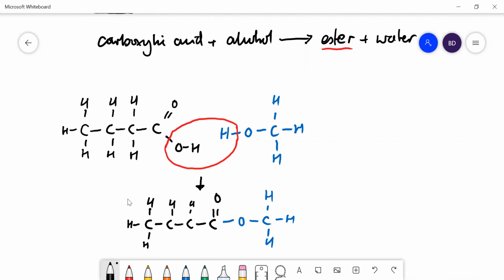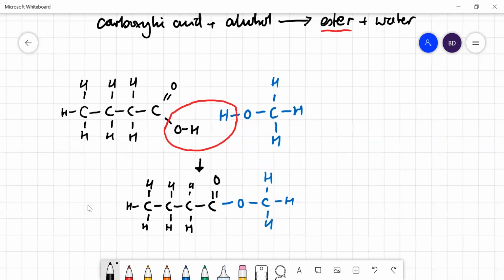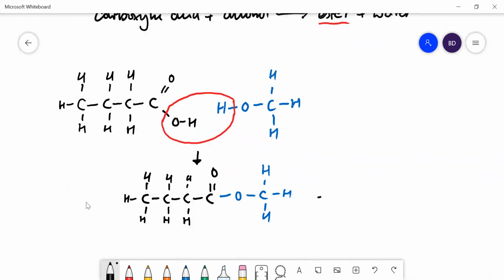Now, I'm going to draw this in a slightly different way. Of course, we get water here as well. So I'll draw the water in the colours you get. Some of the water, the OH, comes from the carboxylic acid, and that H comes from the alcohol.